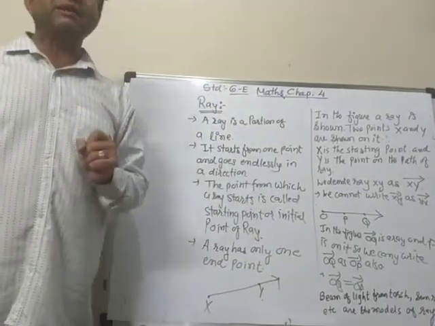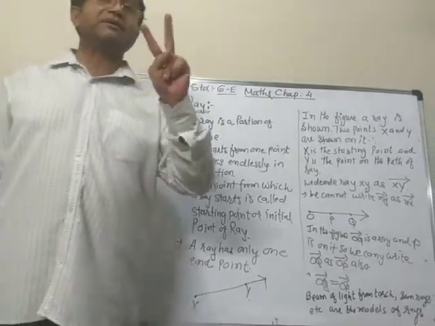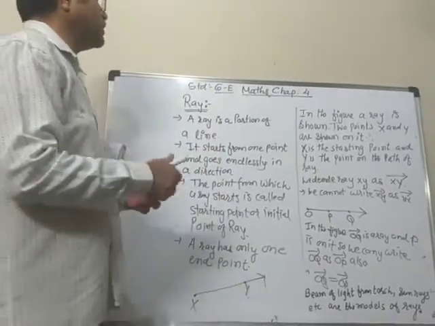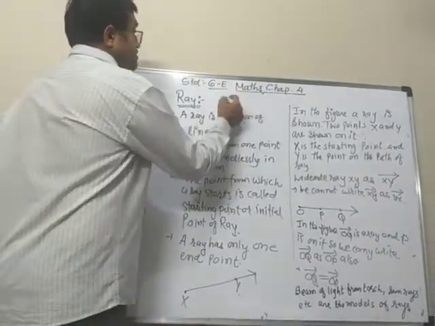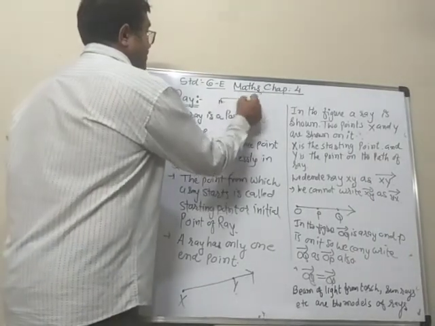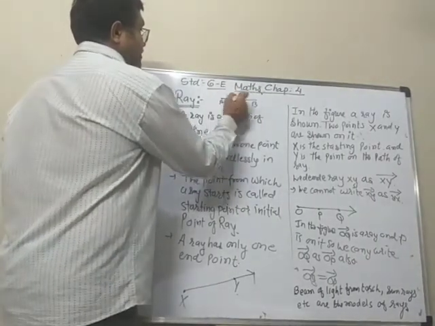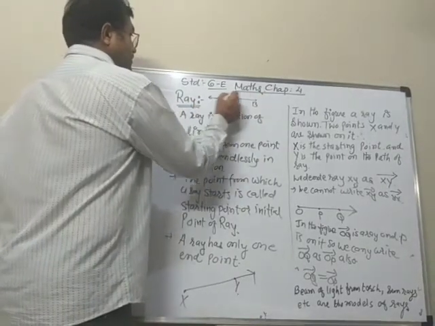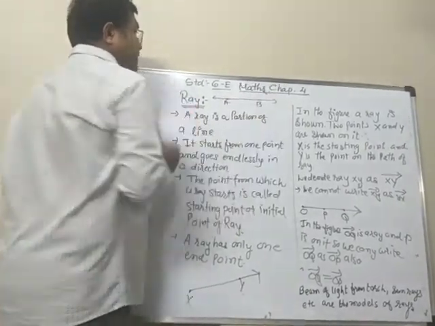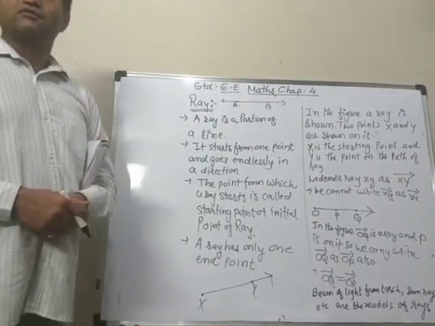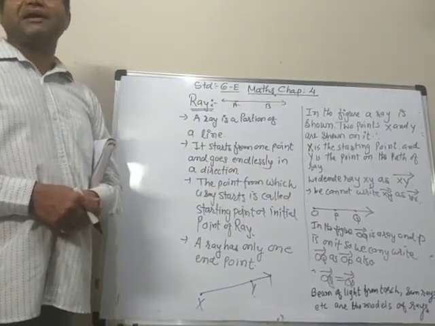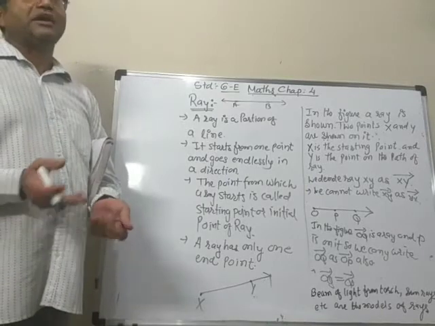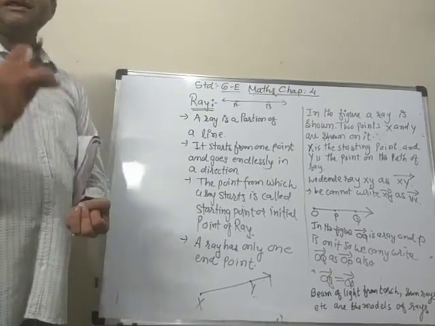In the line segment, we saw that a line segment has two end points because it is not going endlessly on both sides. So here, point A and point B are both the line segment's end points. But if you extend them and make a line, we saw that a line goes endlessly on both sides, therefore it does not have any end point.